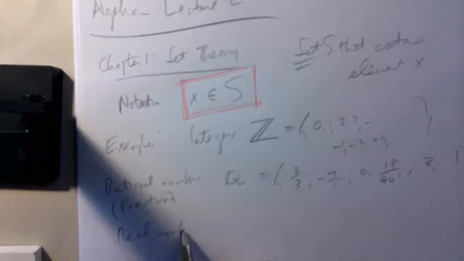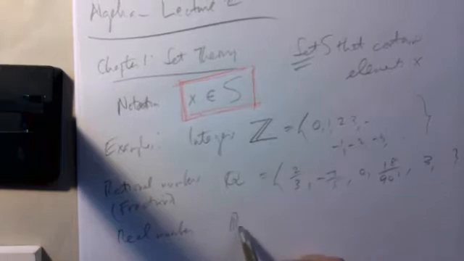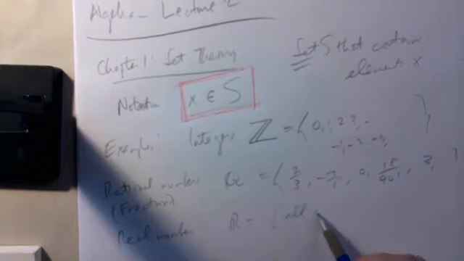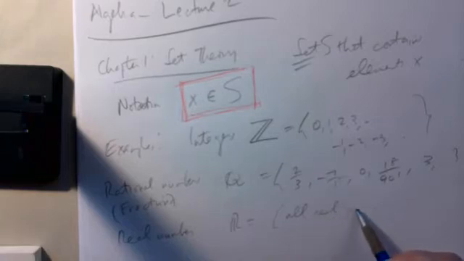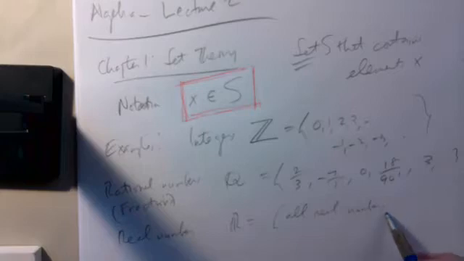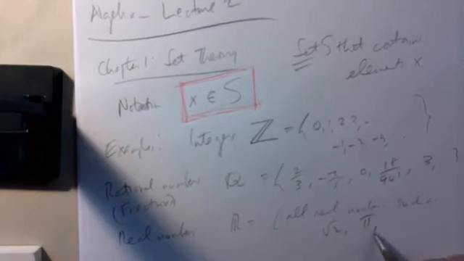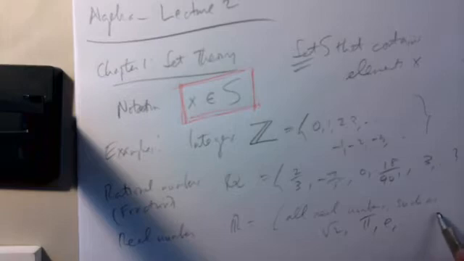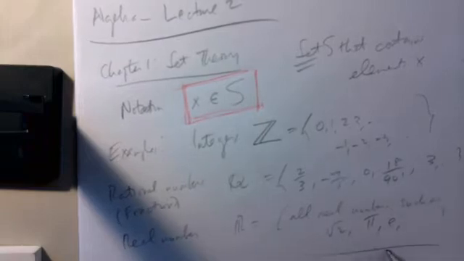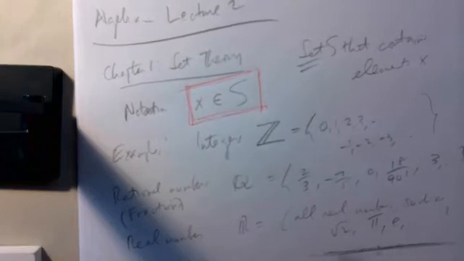And then we have the real numbers, R. So this is just all real numbers. So it includes not just the integers and the fractions, but square roots or numbers that are pi or E, and so forth. It's all the numbers that you think of geometrically as being on the number line.